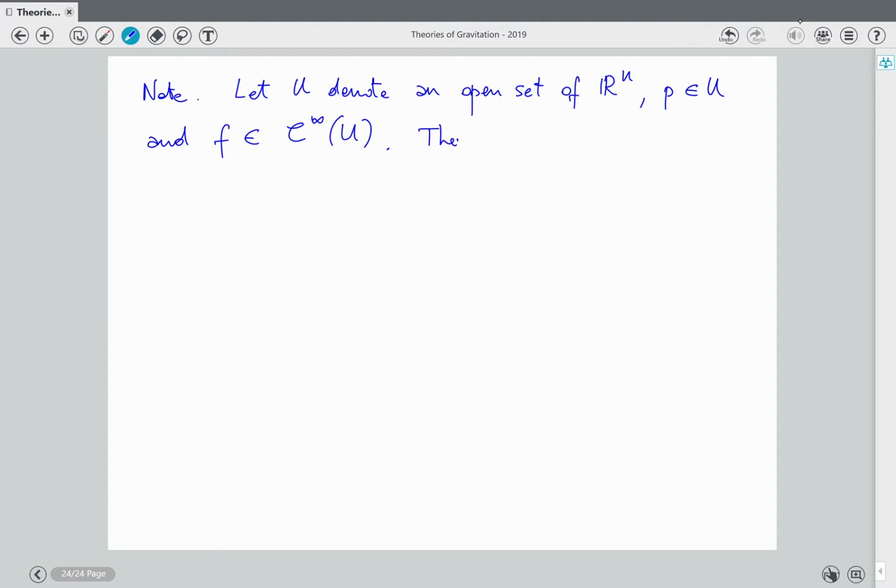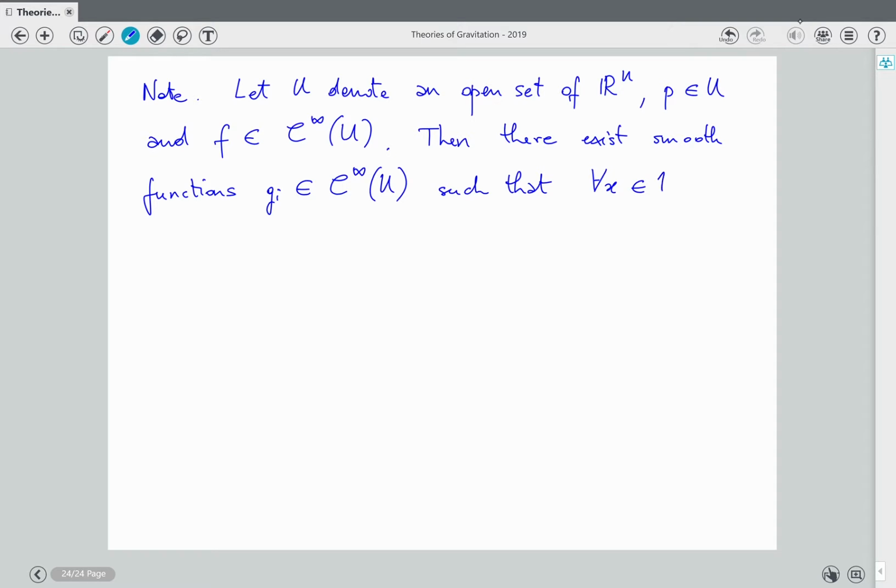Then there exist smooth functions g_i such that for every x in U, we have the following identity: f of x minus f of p, f calculated in the coordinates of p, can be written this way, which is more or less like an improved Taylor expansion.